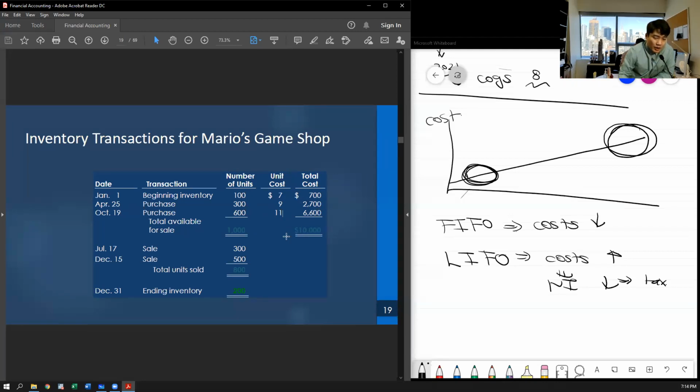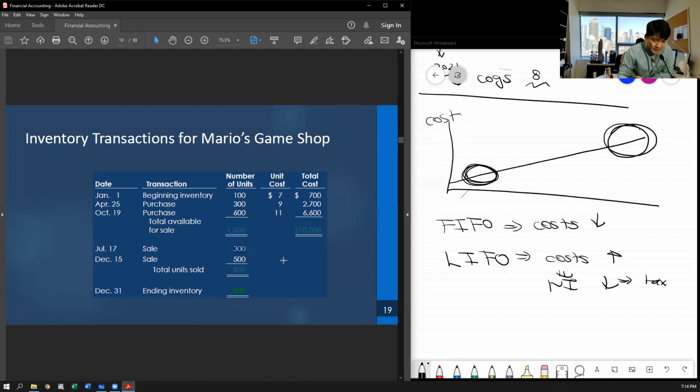Okay. Now, during the year, on July 17th, the company sold 300 units of that inventory. The question becomes, for those 300 units, how much are you going to record for the cost of goods sold? That's what we are learning at this point. Now, on December 15th, the company made another sale of 500 units.